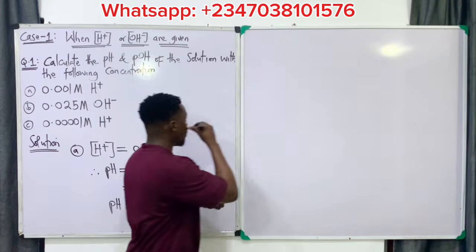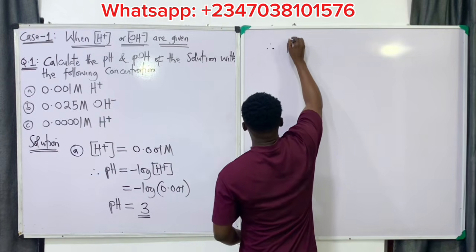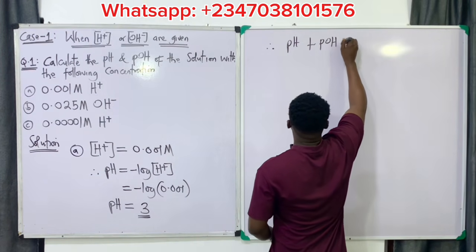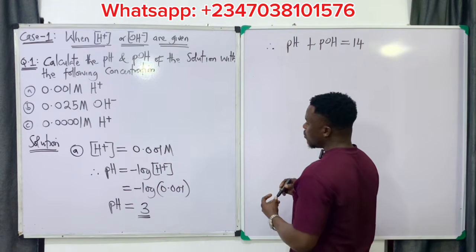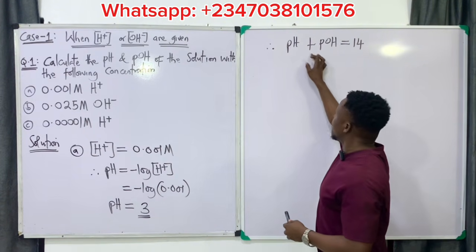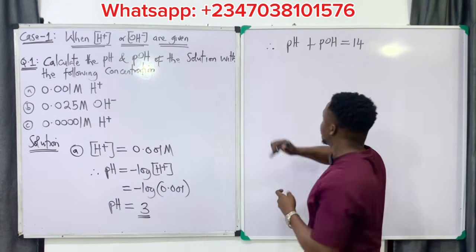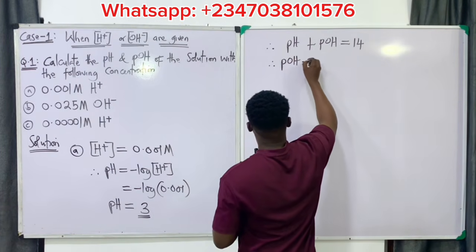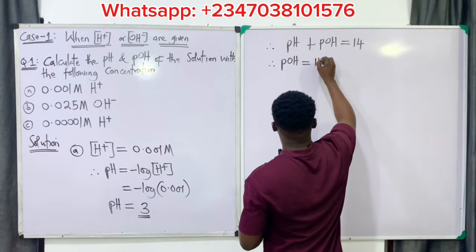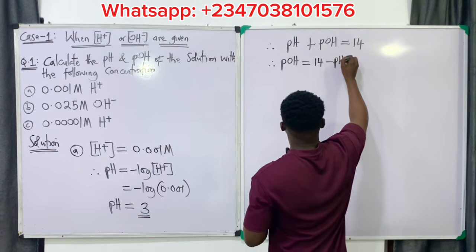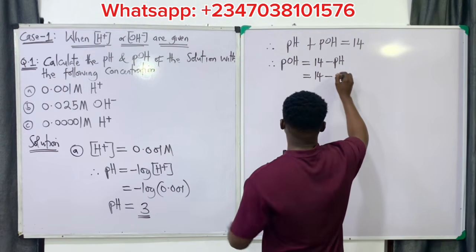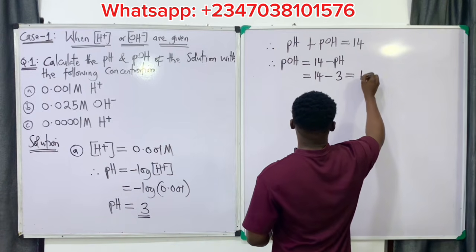So therefore, the relationship between pH and pOH is equal to 14, which means if I know any one of them, I can solve for the other one. So pOH is equal to 14 minus pH, which is 14 minus 3, and our answer is 11.